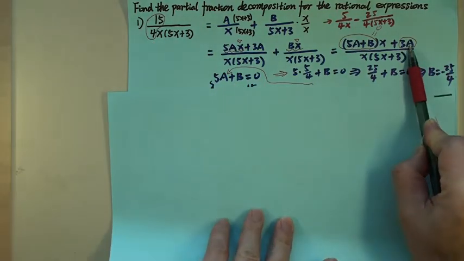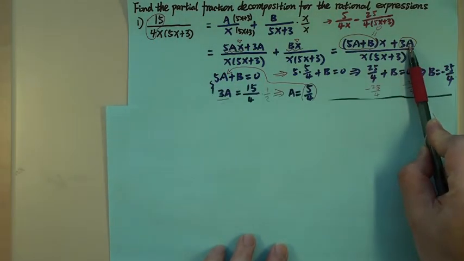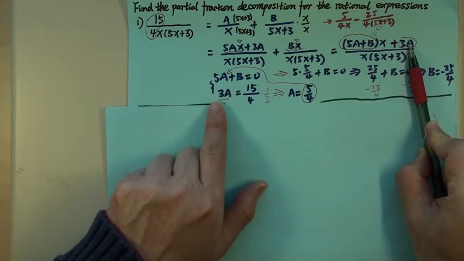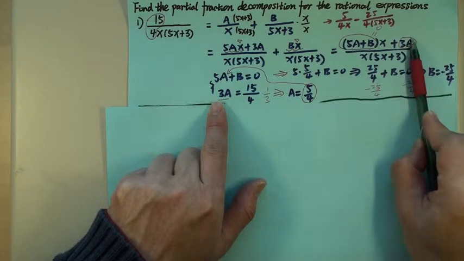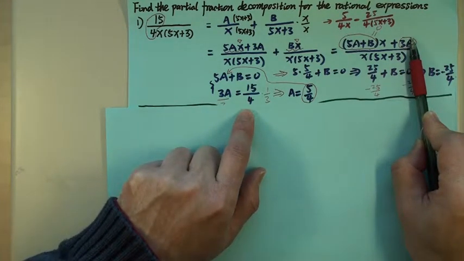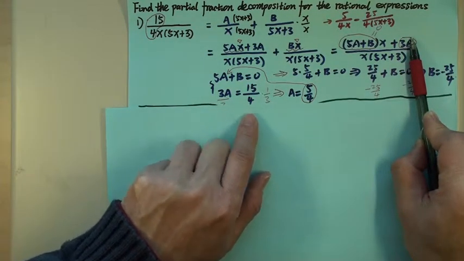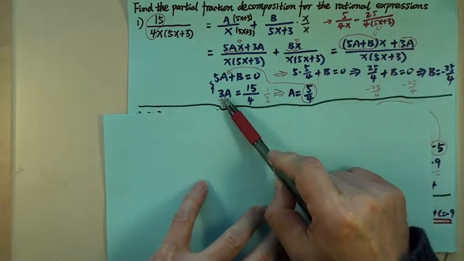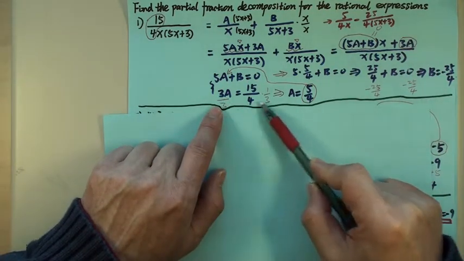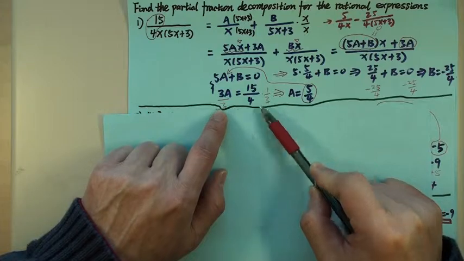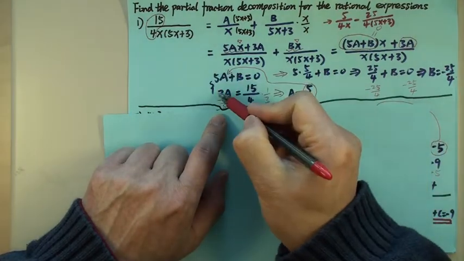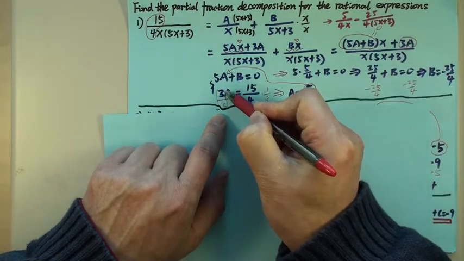We know here 15 over 4 is a constant. So what we do is like this. 3a is 15 over 4. Then 15 over 4 equals 3a, and dividing both sides by 3, we may cancel this 3 upstairs and downstairs.